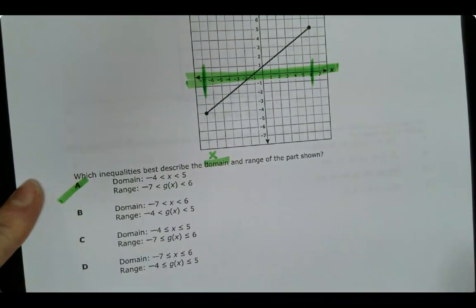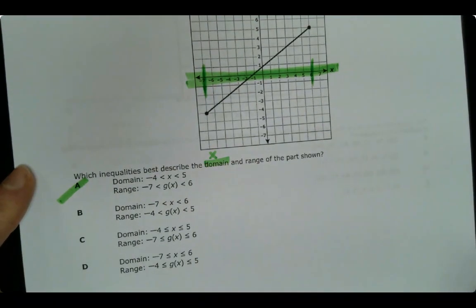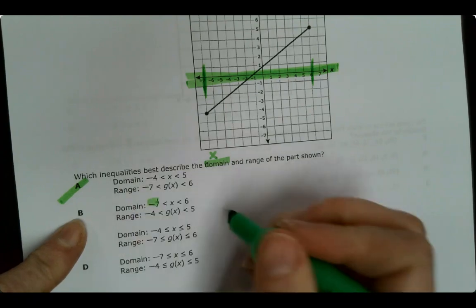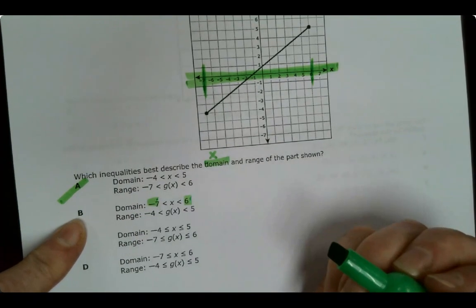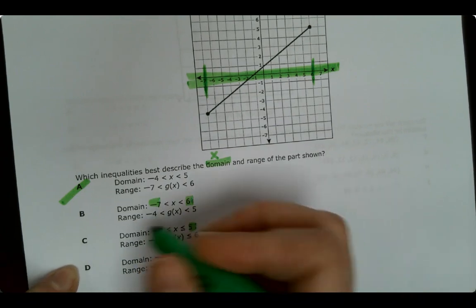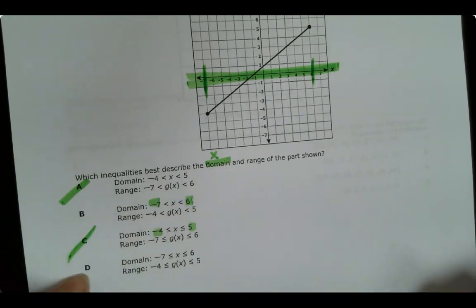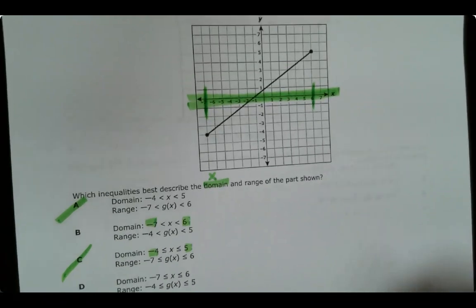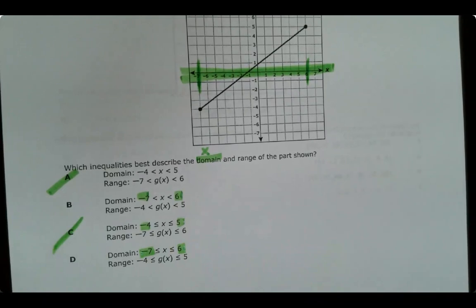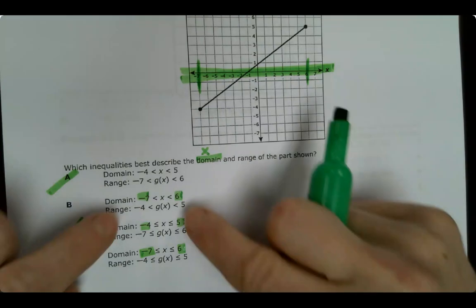A is out. B, -7 to 6. Okay, that looks good. C, -4 to 5. Nope. D is -7 to 6. So I just need to see what's different about B and D compared to each other.